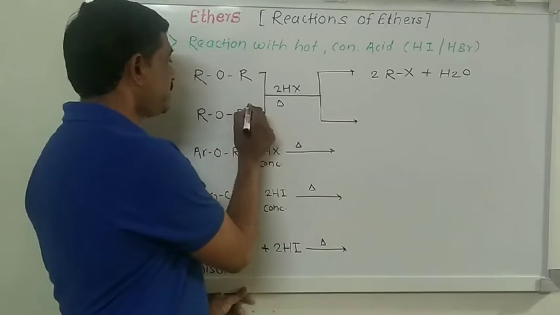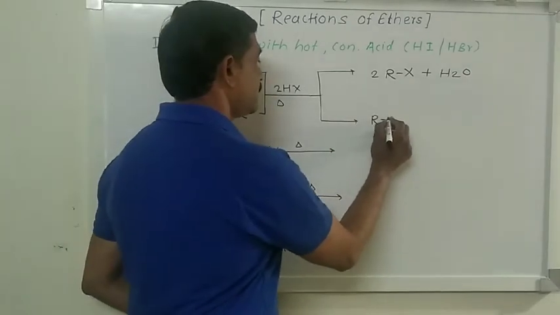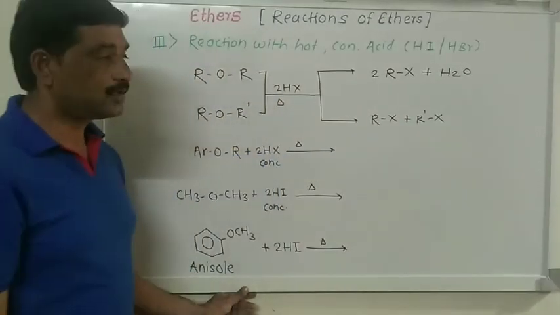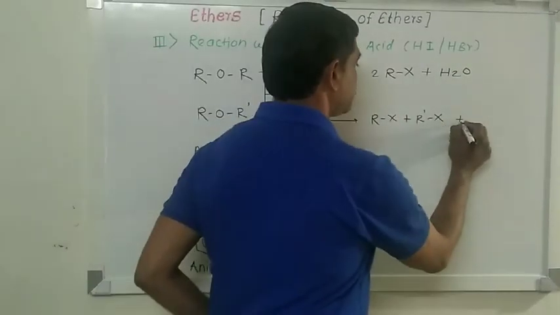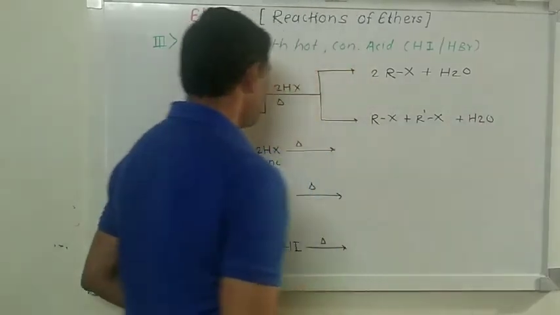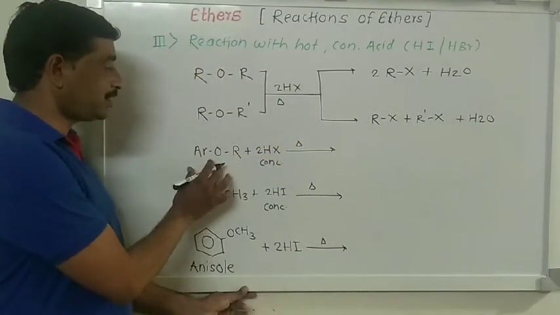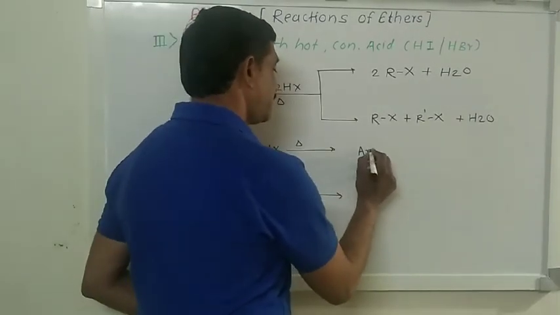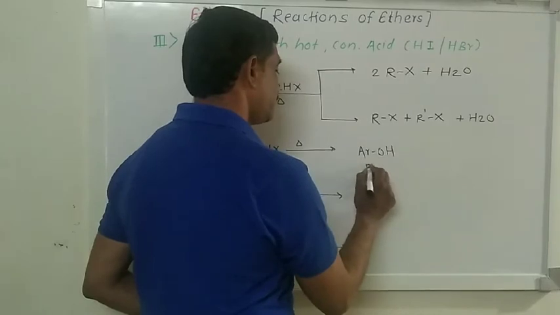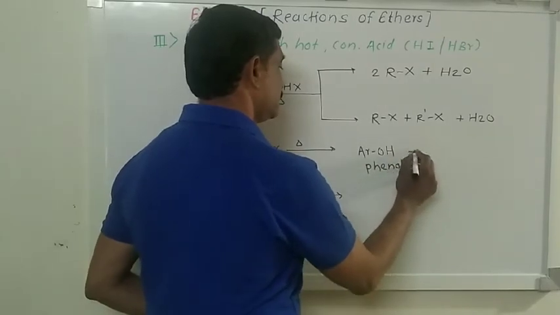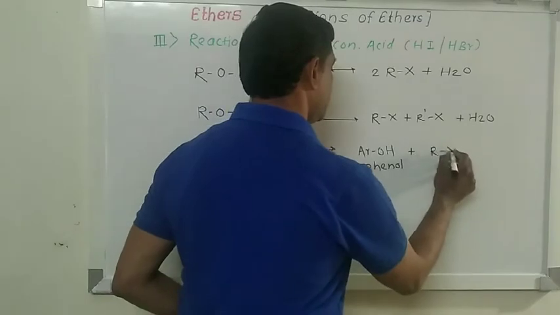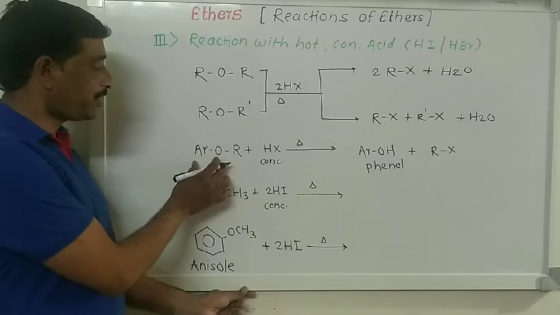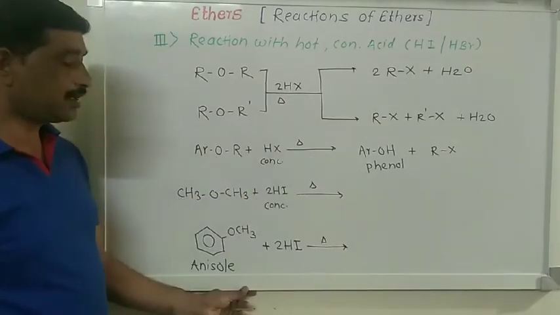When reacted with mixed ethers, they give a mixture of alkyl halides, and when the aromatic ether is reacted with concentrated acid, it is always converted into phenol plus alkyl halide.